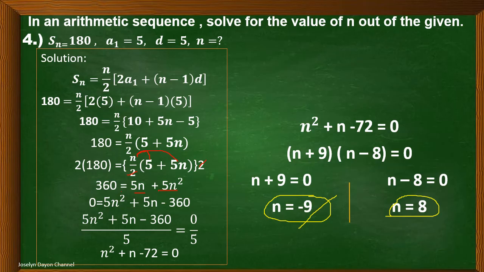We cannot have the sum of 180 if we make use of negative 9. So we have to consider only the value of n which is equal to positive 8. Negative 9 here is what we call an extraneous root. It is part of a solution, but it's not the answer to the problem.